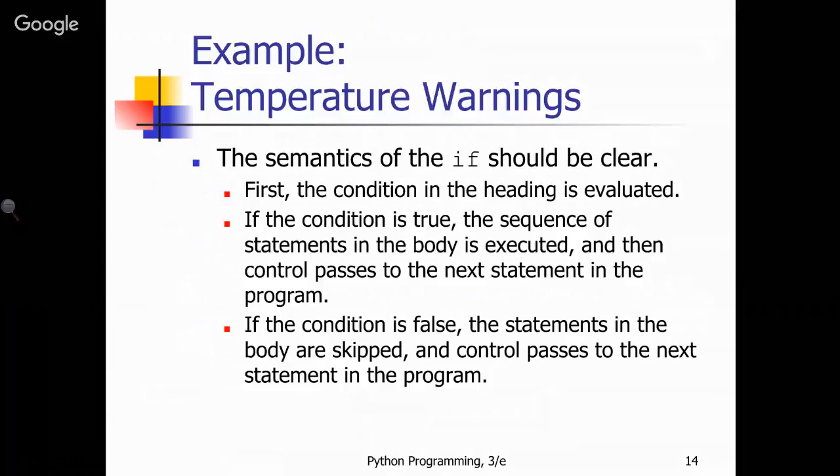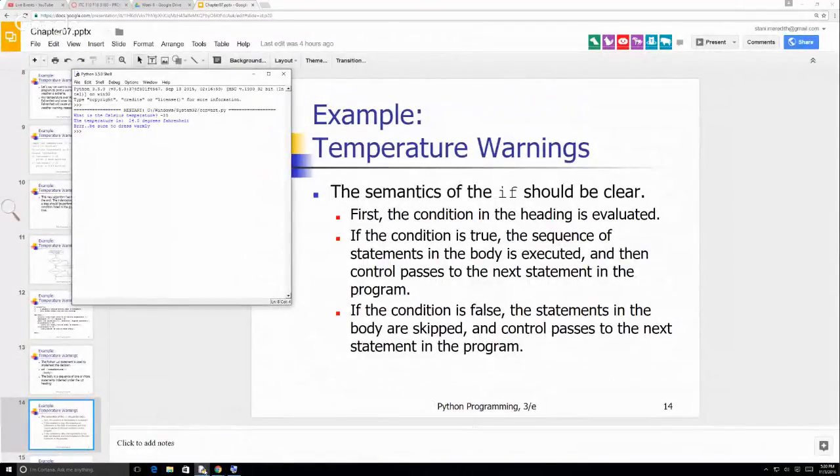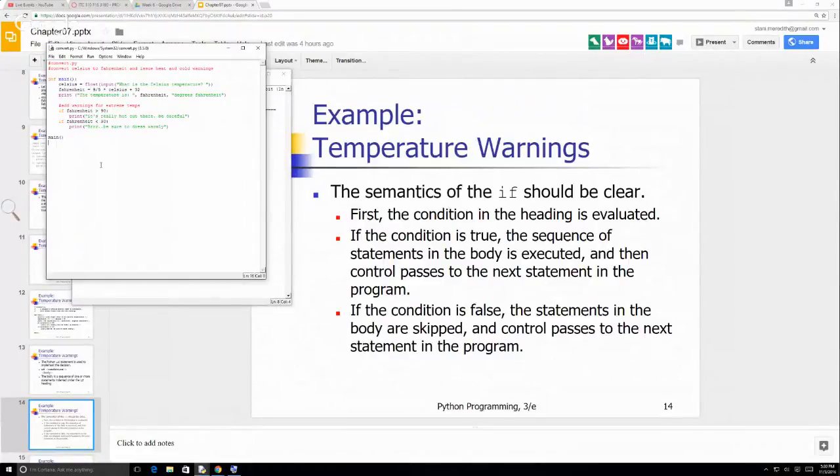After you finish executing the statements in the body of the if statement, control returns to the next statement in the program. In other words, if we had put another line out here in our program, it would execute as well because it would be outside of the if.